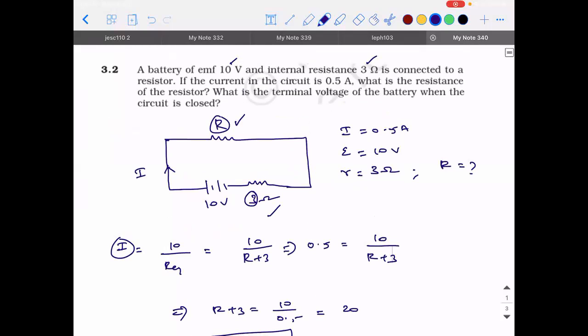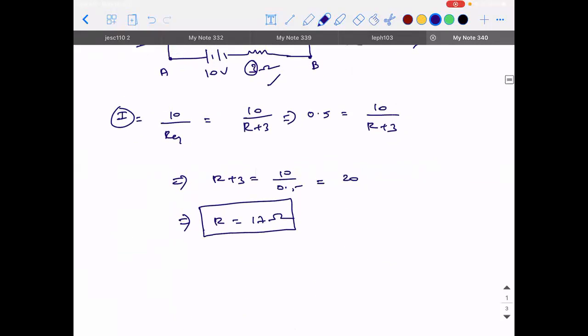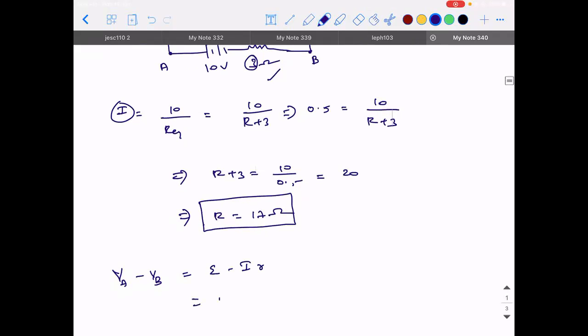Next is, what is the terminal voltage of the battery when the circuit is closed? So point A, point B. Since the cell is getting discharged, the terminal potential difference will be equal to E minus I into small r. So E is 10, minus I is 0.5 into small r is 3.